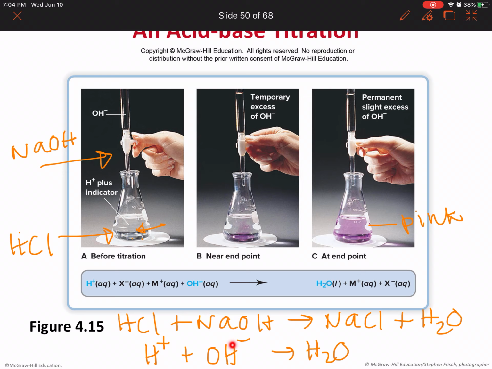Okay, the indicator will not change during that time, but then you just add one drop or maybe a slight excess of hydroxide ions.